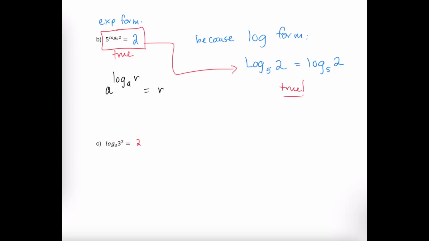Again, we're kind of drawing a counterclockwise circle. We start with the base, we raise that to the exponent, which is 2, and that's supposed to bring us back to whatever is in the argument. And from the property perspective, we can say anytime the base of the logarithm is going to match the base of this argument, that means that the output would have to match the exponent piece.